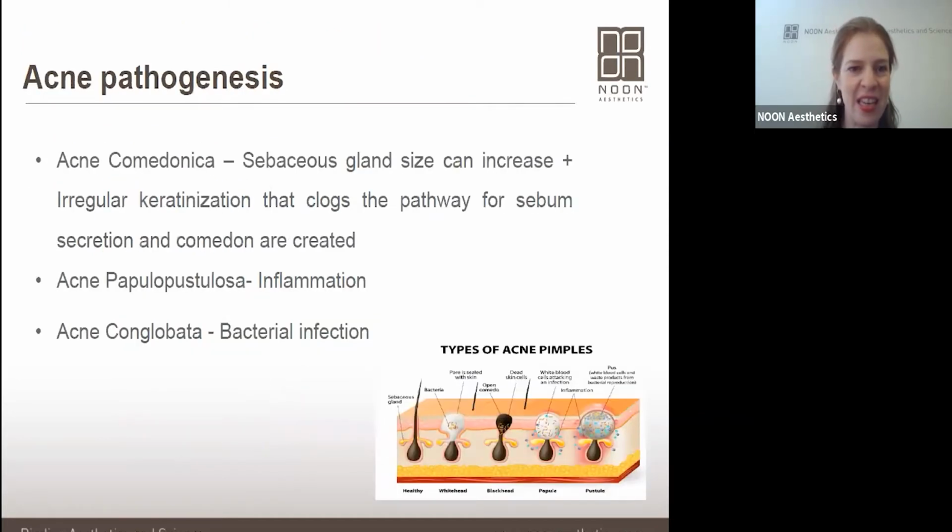Okay. So now we go a bit deeper and talk about acne pathogenesis. Why does it happen? Acne is caused by the appearance of androgen in our bloodstream, when testosterone changes and becomes dihydrotestosterone.